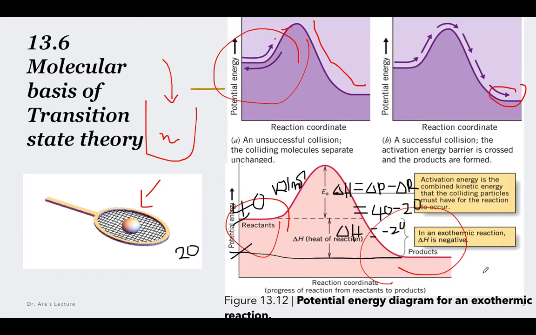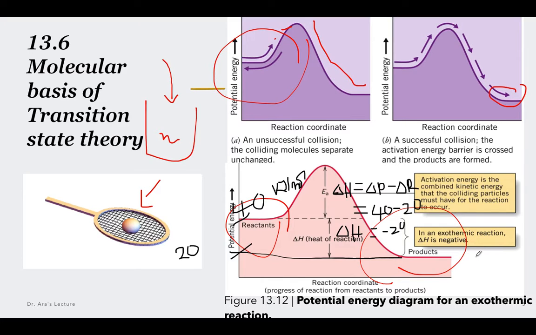In the next slide we will see that for some reactions, as I said in the beginning, we need to induce heat. That means we need external heat. These reactions absorb heat from the surroundings, and we say this is endothermic.